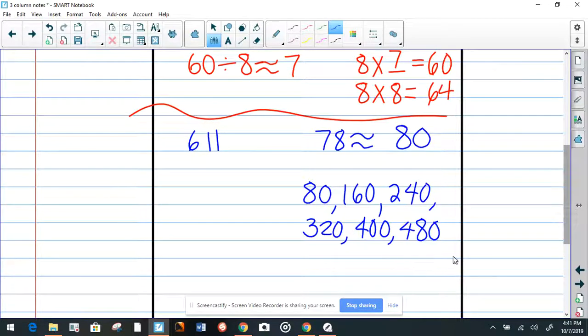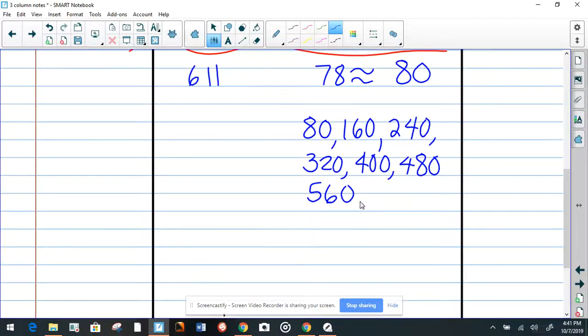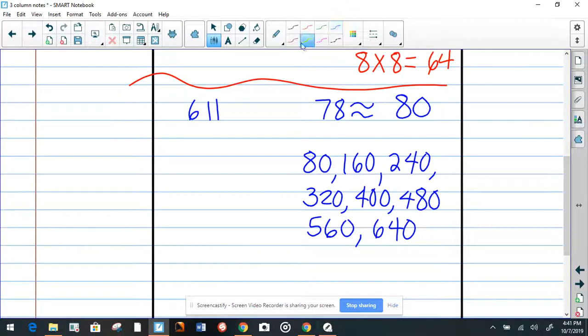And what will be 480 plus 80 will be 560. So now we can go to the next one, and say that 560, another multiple, plus 80 will be 640.